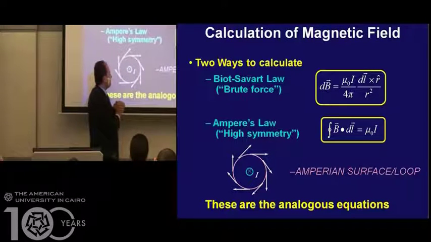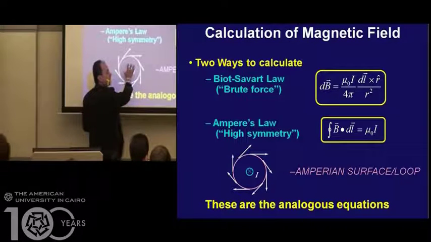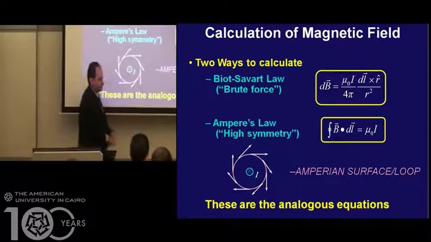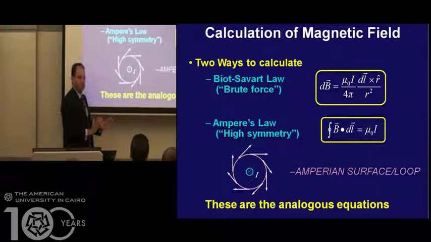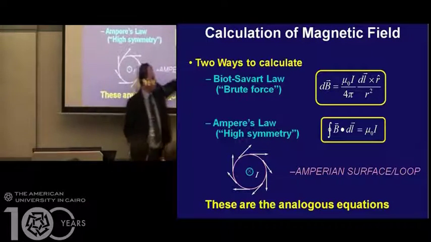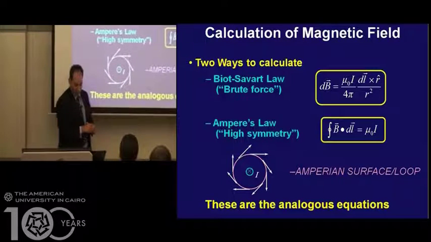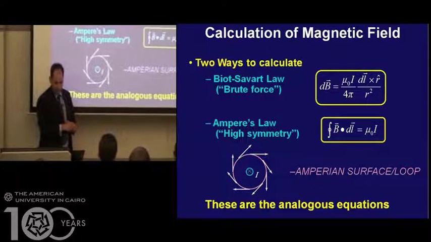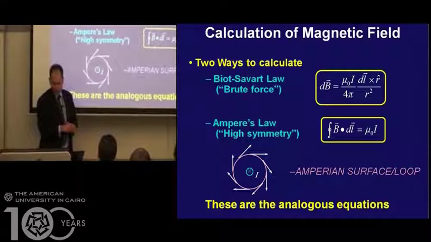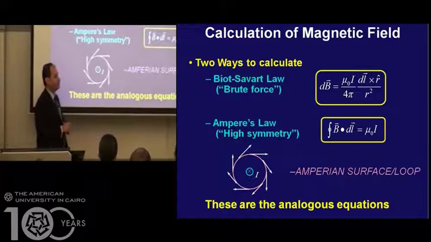And if you integrate the magnetic field dot dl over that loop, it will always equal some constant, mu0, times the current inside that loop, and we'll get to that later today. But what's more important is how to calculate the magnetic field using the Biot-Savart law, which is similar to Coulomb's law in a way.